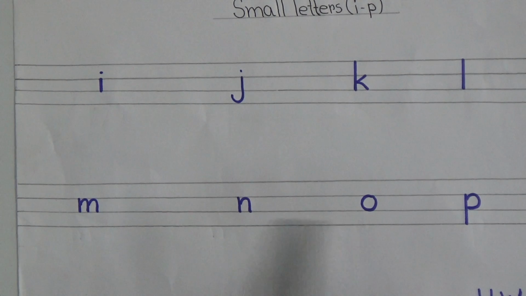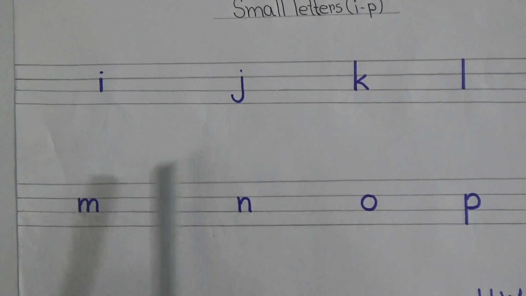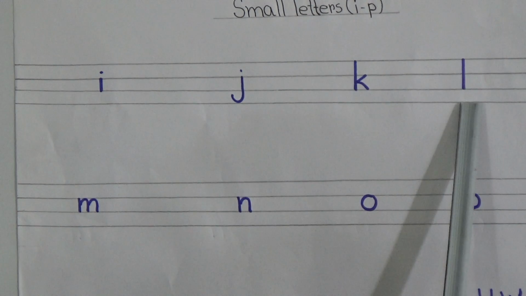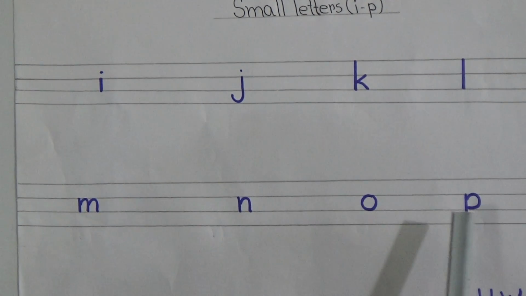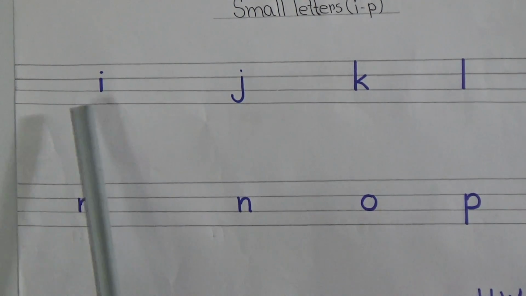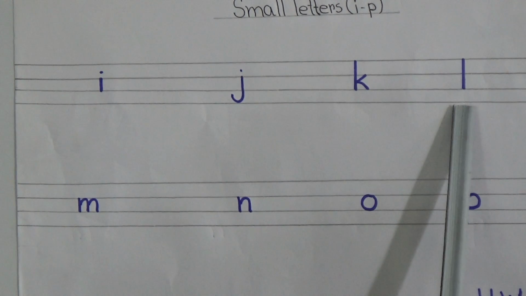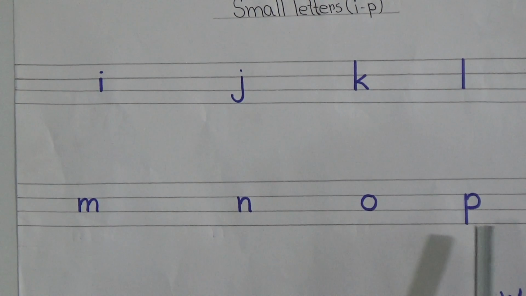M, N, O, you will write in the middle two lines, and P starts from the first two lines and ends at the last border line. So again I am saying I, J, K, L, M, N, O, P.